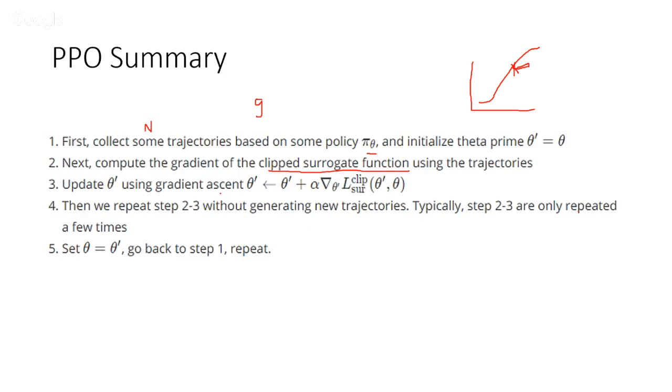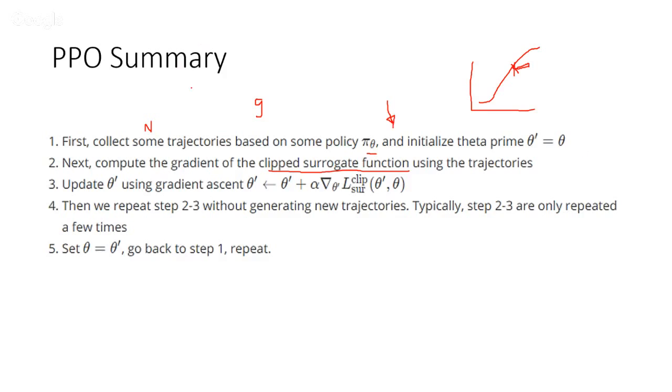We keep updating from theta prime to the next theta prime without generating new trajectories. Once we have repeated these two steps a few times, then we use the new theta to compute new trajectories, and then we start over.